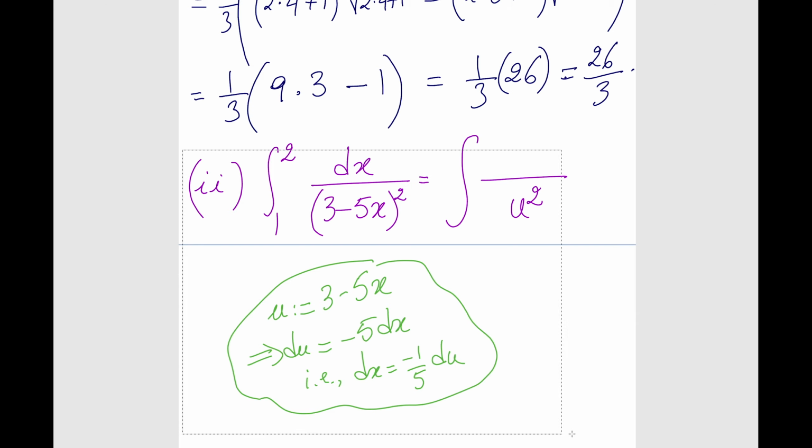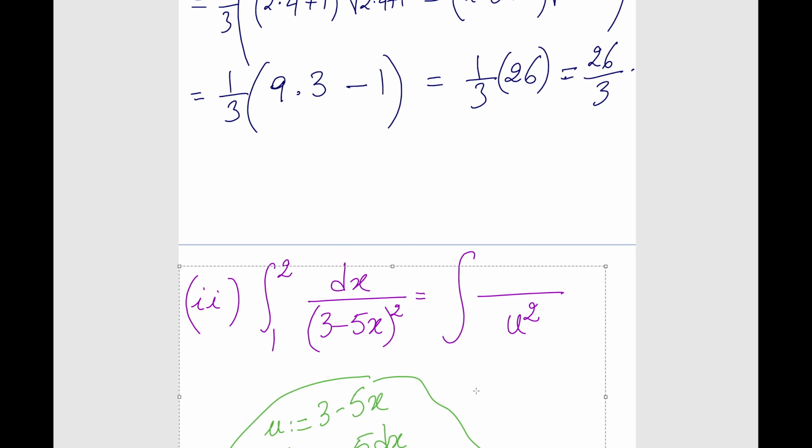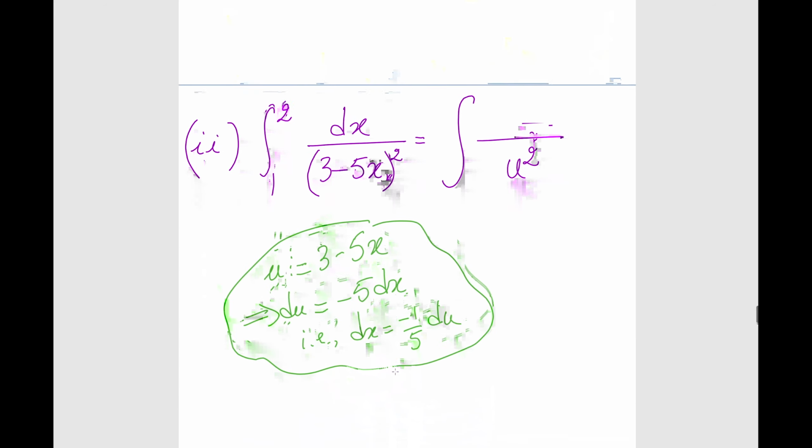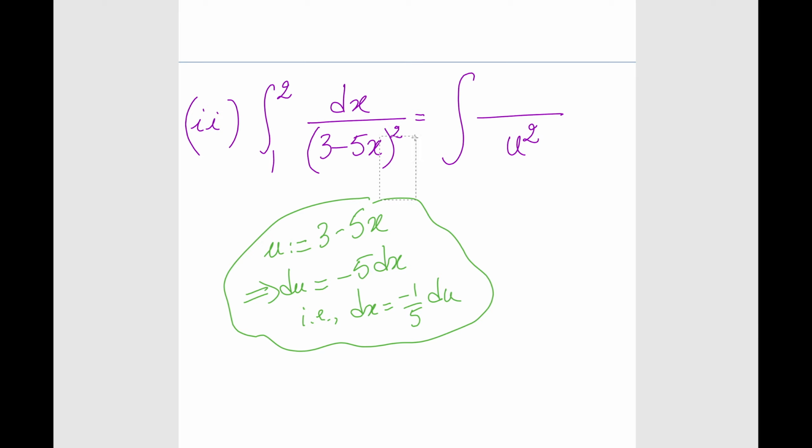So I'm gonna take everything down. So right, I'm talking about this. So one more time, I want to write everything in terms of u here, right? Downstairs is u squared, no problem, because that's my choice of u.